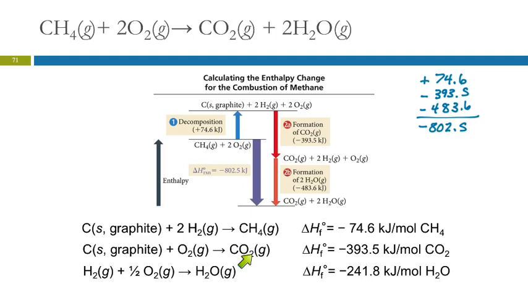We are forming a mole of carbon dioxide, and so that heat of formation is the minus 393.5. Then we're forming 2 moles of water, so this is multiplied by 2. For adding equations, we're going to take this one and write it backwards.